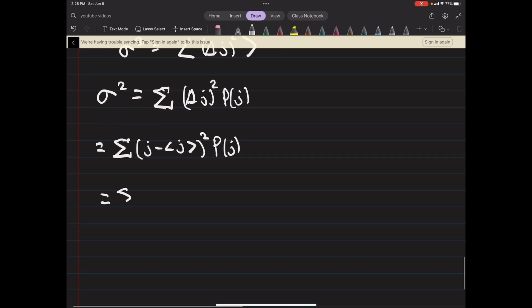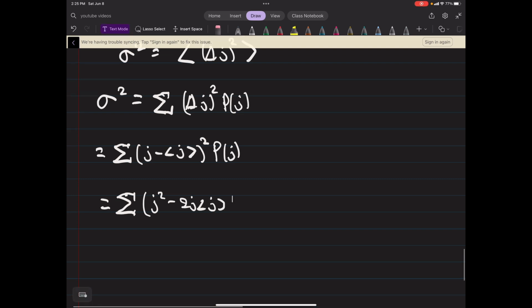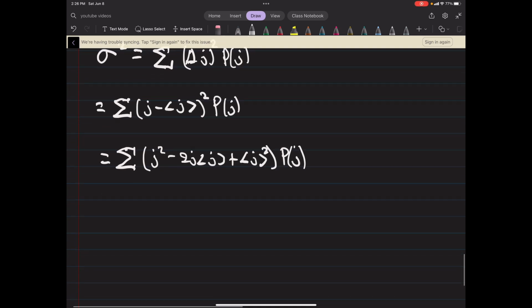We can expand that term there to get j squared minus 2j times the expectation value of j plus the expectation value of j squared times the probability of j. Now we can write this into three sums.